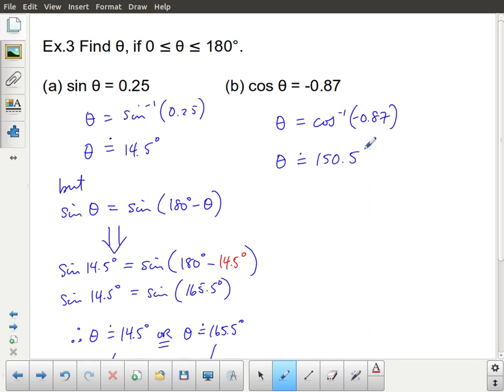I'm just going to go ahead and round it. Now this one is the obtuse angle. The fact that this gave me the obtuse angle right away means that there is no acute angle. There is no acute answer, I should say.